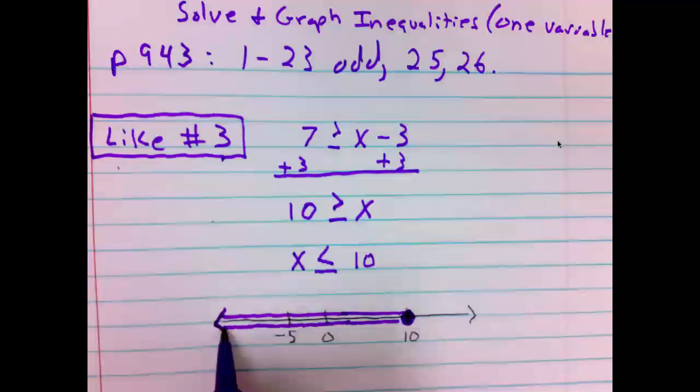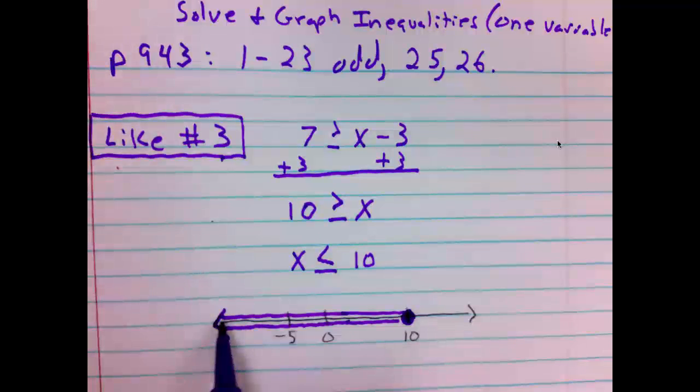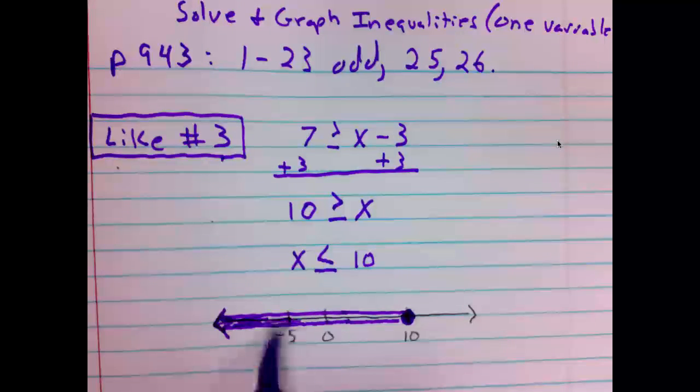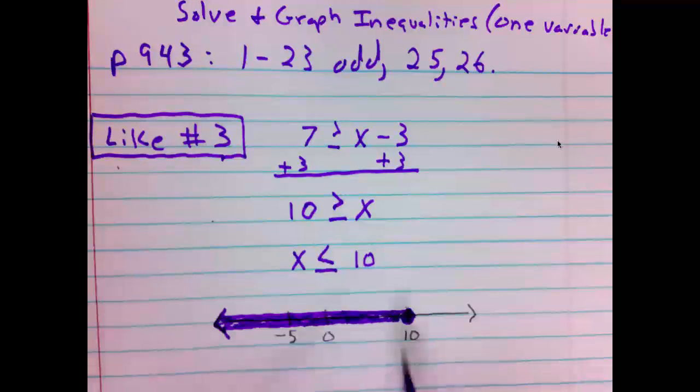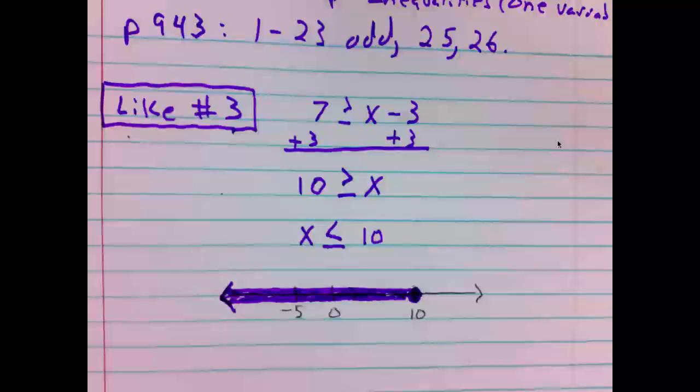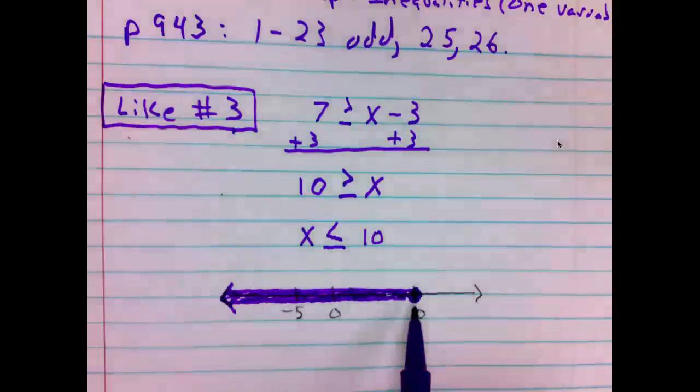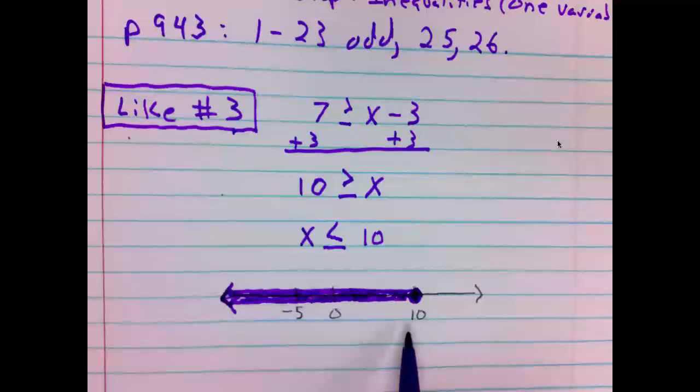The arrow on the end indicates that we're going infinitely in that direction. This number line is showing that values less than 10 satisfy our inequality.